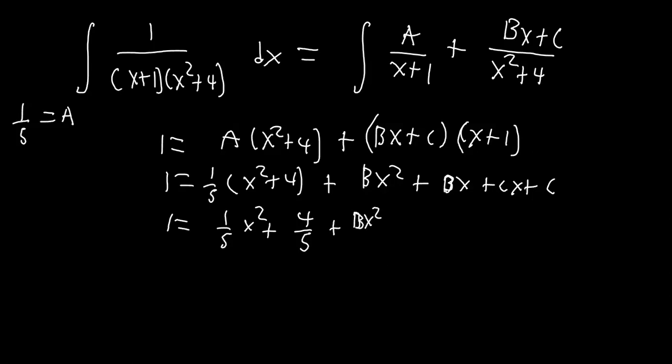Everything here is going to be equal to 1. So how exactly do we cancel out the x squared term? Well, that can only happen if b is equal to -1/5, since that's the only other x squared term other than 1/5 times x squared. So we would have all this. Now b is equal to -1/5.